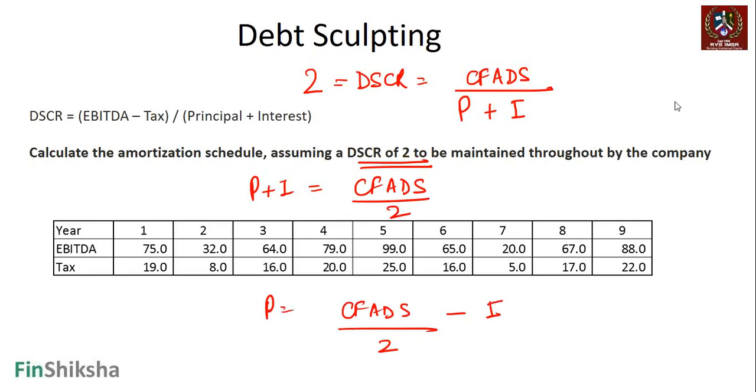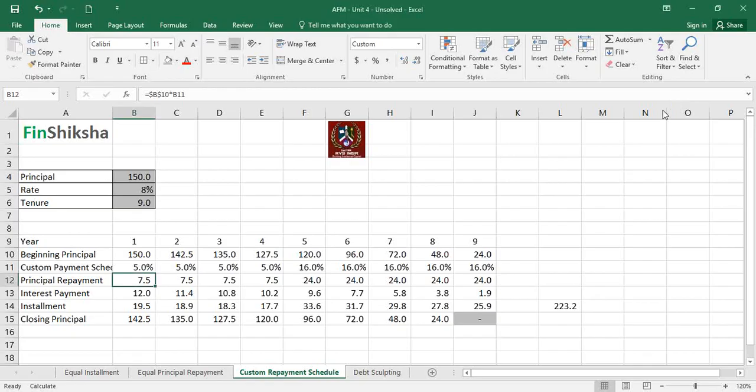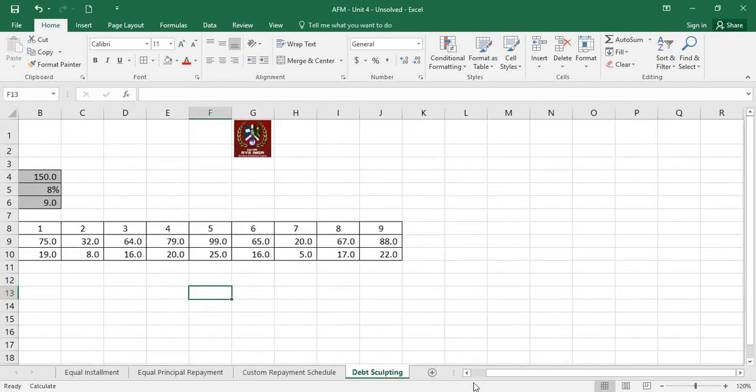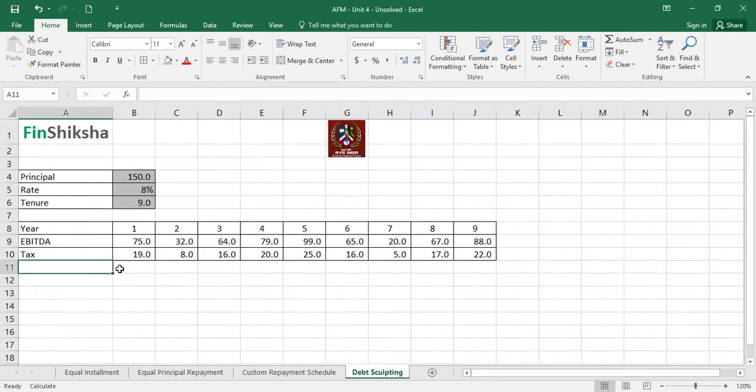Let's model this. This is going to be an interesting model in the Excel. So when we go to debt sculpting, we obviously get the data around the EBITDA and the tax. So let's first introduce this term cash flow available for debt service, and that's going to be A minus B, right?